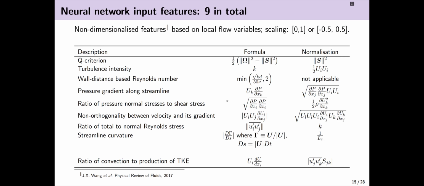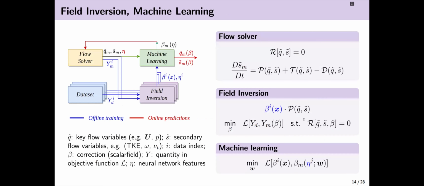Okay, so how do you reconstruct the flow field? Reconstructing the flow field is again part of the FIML approach. Reconstruction is done during the field inversion part, where we're solving this optimization problem. We have one particular geometry, one of the periodic hill shapes.